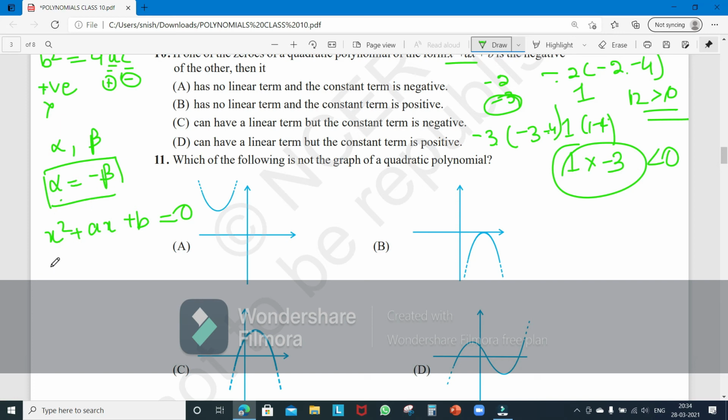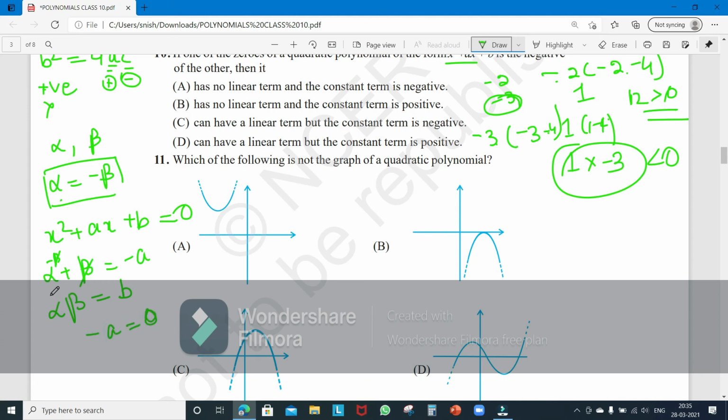Sum of the roots will be alpha plus beta, which is minus a, from this equation, right? And the product of the roots will be b by a, b by 1. So alpha plus beta, where alpha is negative beta. If I place negative beta here, positive beta gets cancelled, and minus a equals 0.